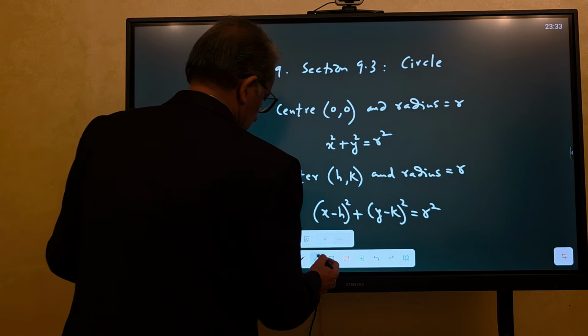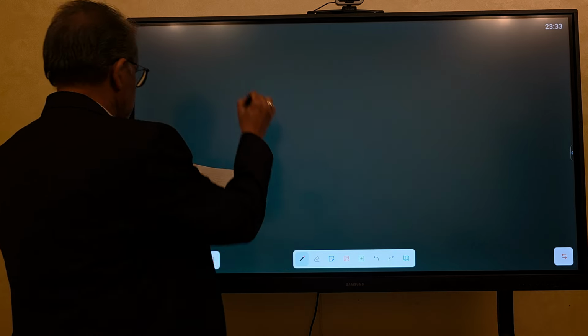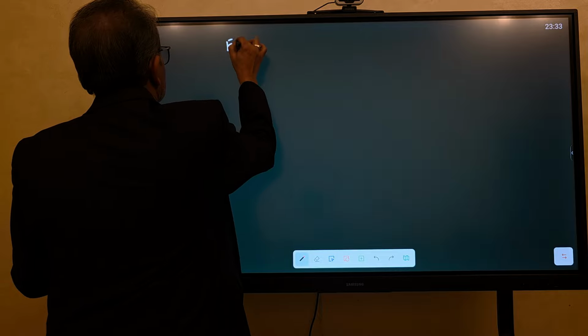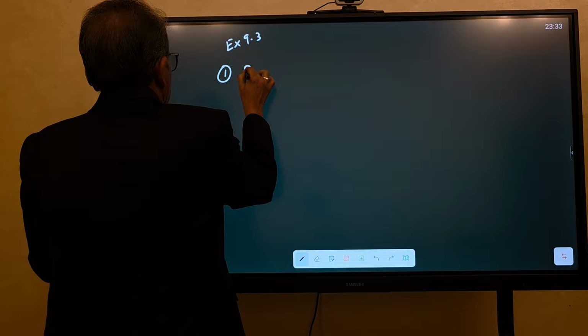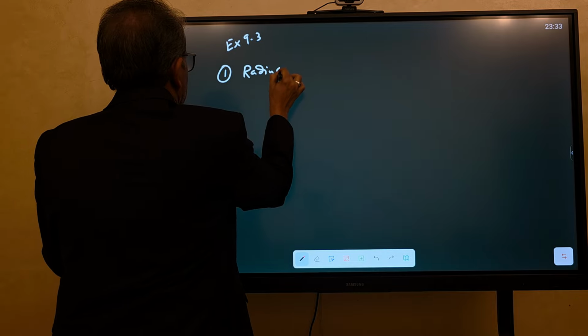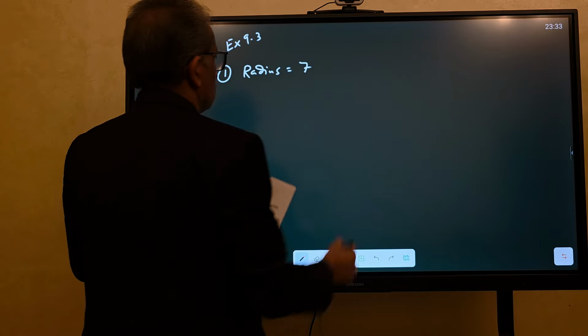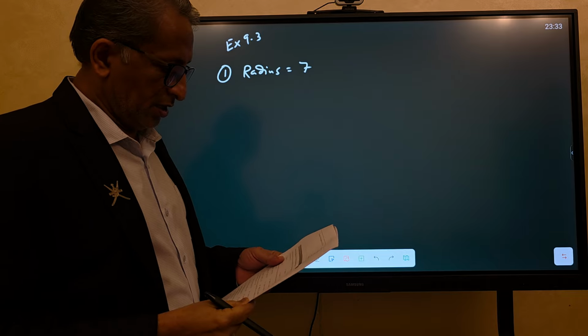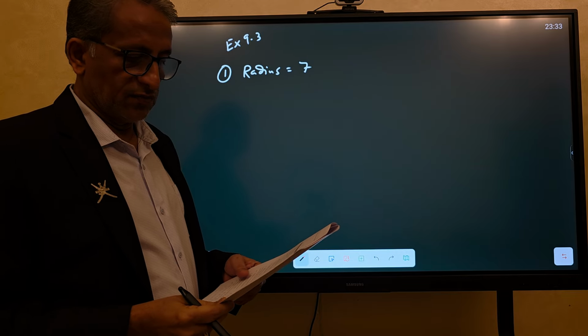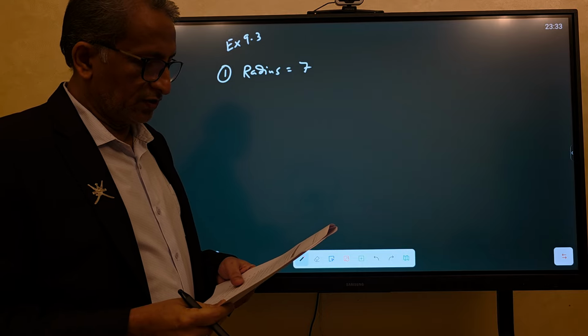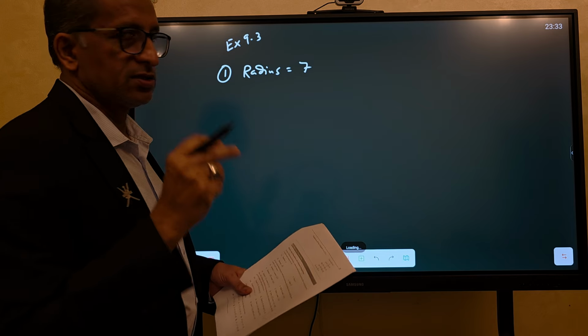So with this, let us solve examples in exercise 9.3. What is given here? The radius is given, which is 7 units. In the following exercises, write the standard form of the equation of the circle with the given radius and the center 0 0.